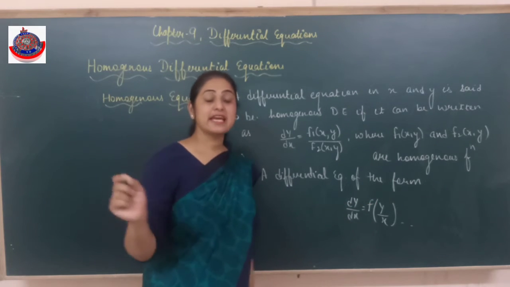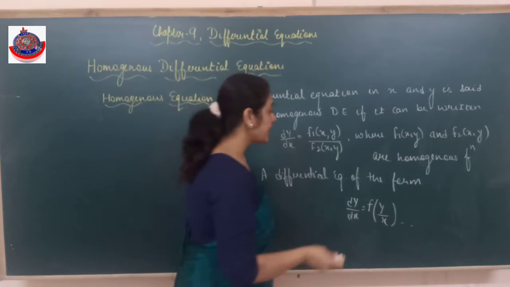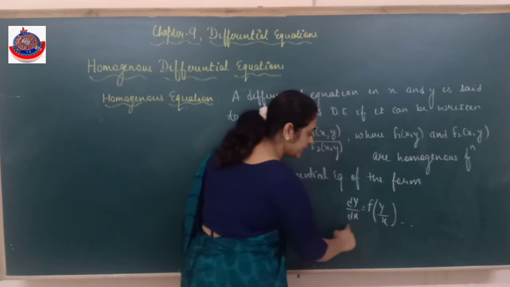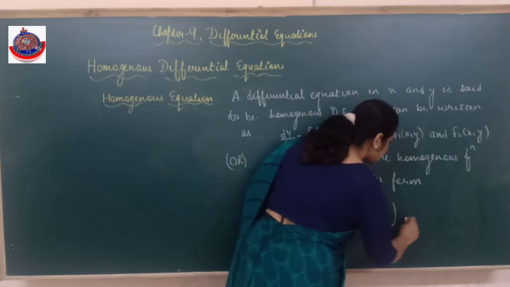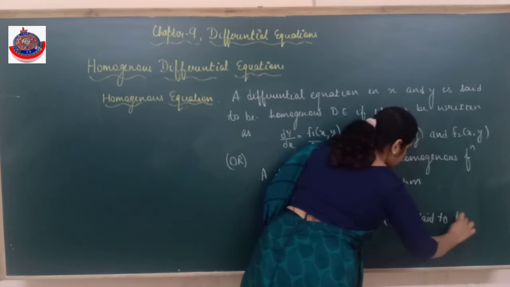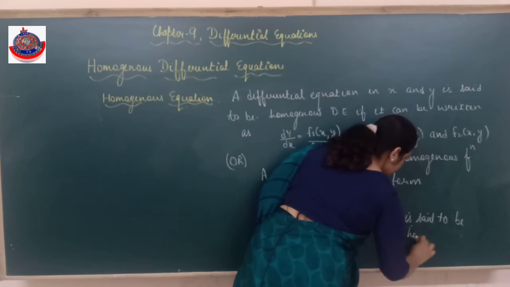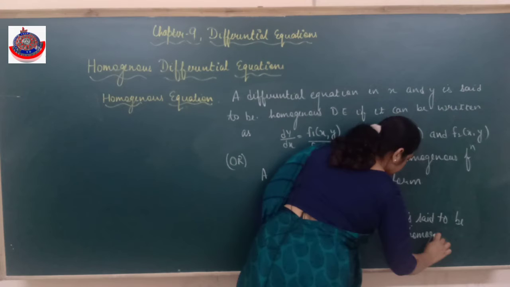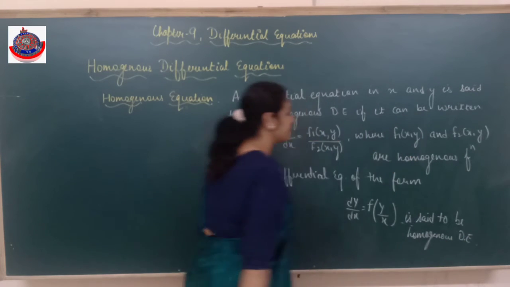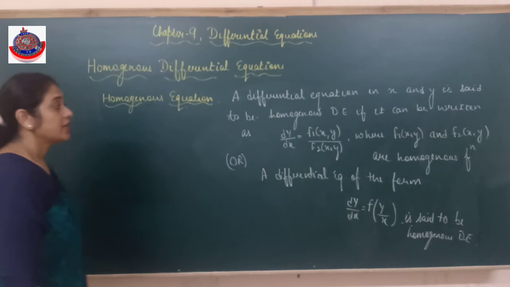That means there should not be any variable other than y upon x. Then a differential equation of the form dy upon dx is equal to f of y upon x is said to be a homogeneous differential equation.